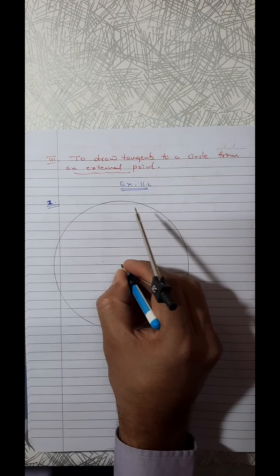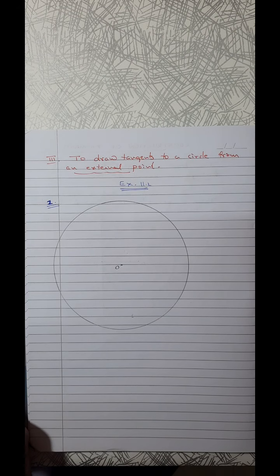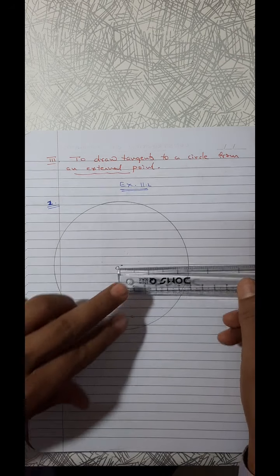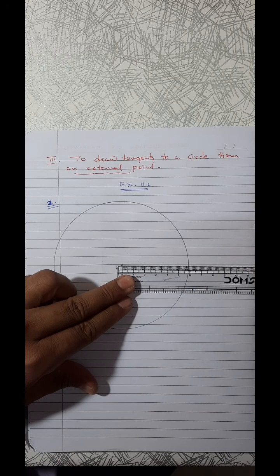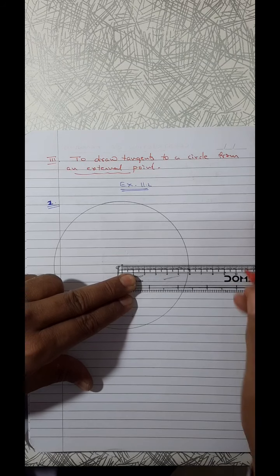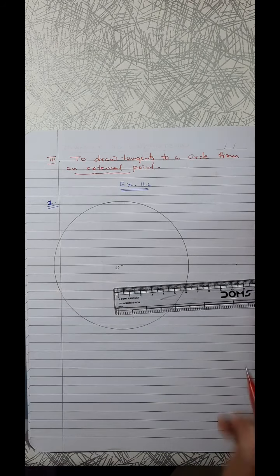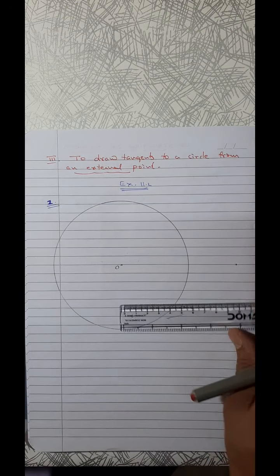Center here. From a point 10 cm away from the center. That means a point here, 10 cm away. From a point 10 cm away from the center, construct a pair of tangents.